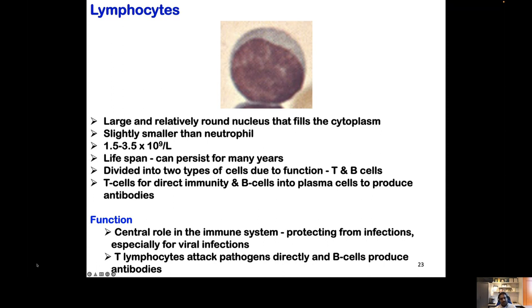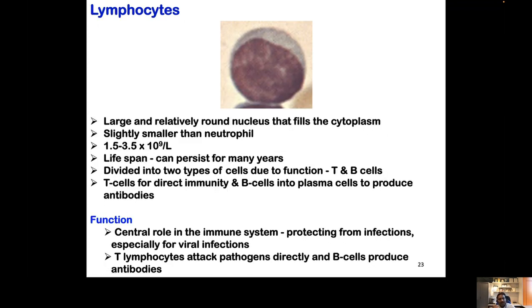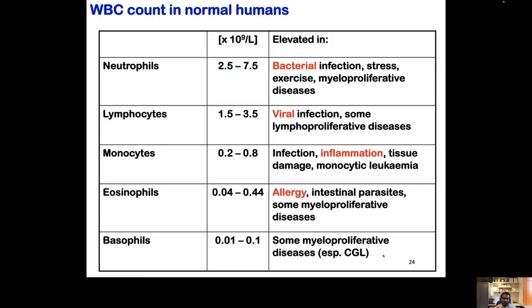T lymphocytes can attack pathogens directly, and B lymphocytes will produce antibodies. So these are the major functions of lymphocytes. Two different types of lymphocytes, T and B. T provides direct immunity, particularly against viruses and virus-infected cells. B lymphocytes will produce antibodies, and those antibodies will attack the invading pathogens.